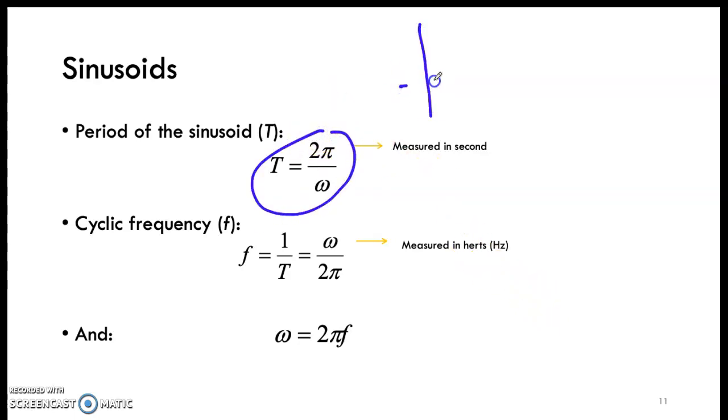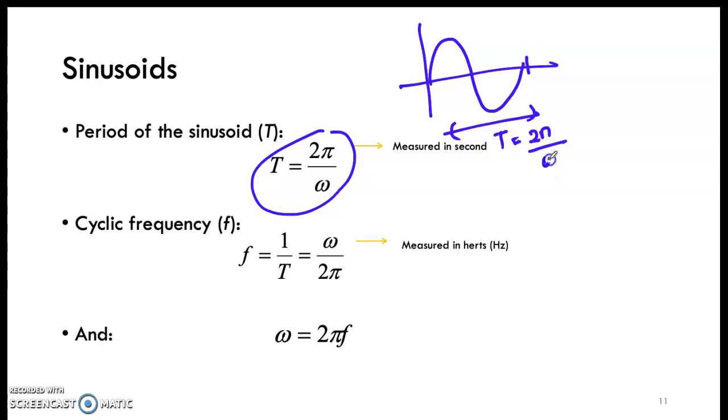So what is a period? It needs to complete one loop. The whole loop here is the period. We call this one period. The relation is 2 pi over angular frequency. Now how do you relate this angular frequency to the cyclic frequency?